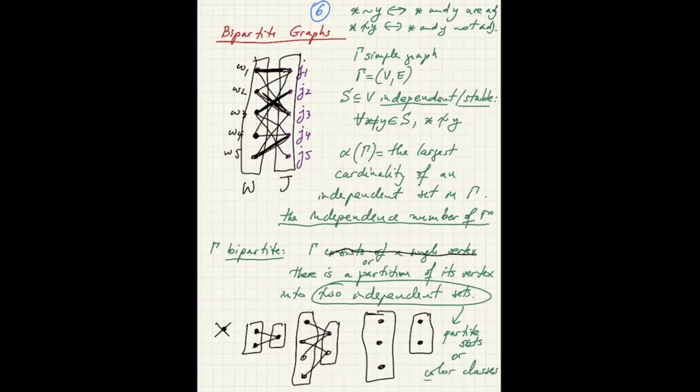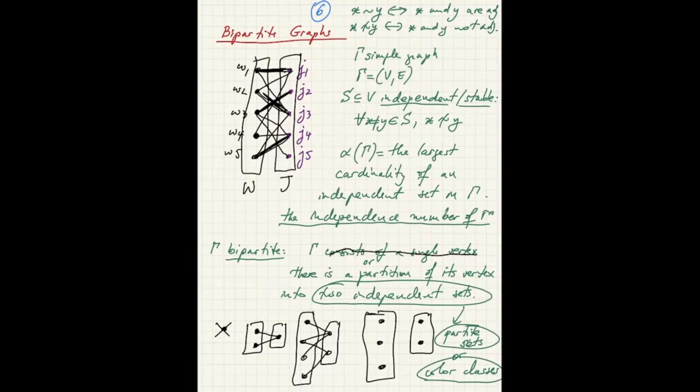And they're called color classes because of coloring graphs, where one important problem is you want to give each vertex of a graph a color such that no two adjacent vertices get the same color. So in that situation, for example, you can color each of these vertices on the left red, and you can color each of these vertices on the right blue.